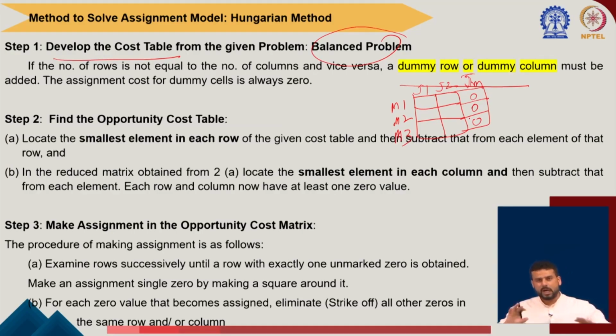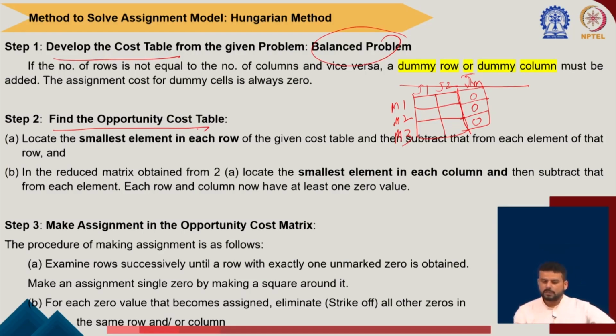This is the concept of how we can convert an unbalanced problem into a balanced problem. We need to add a column if the number of jobs is less than the number of resources, or add rows if the number of resources is less than the number of jobs, and vice versa, right. So this is the first step. The second step is to find the opportunity cost table.